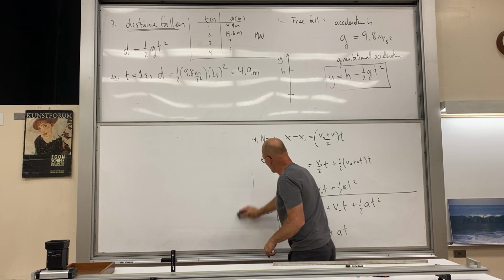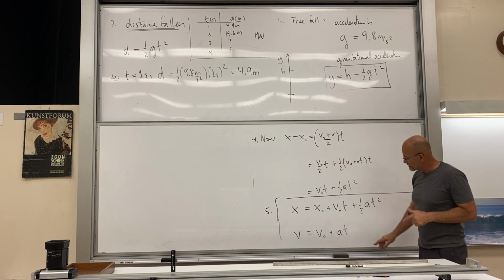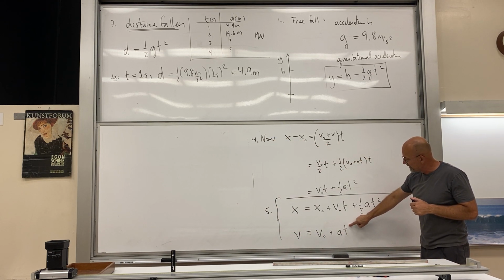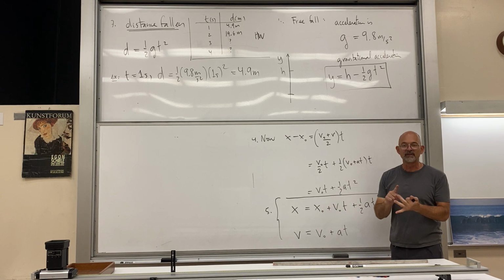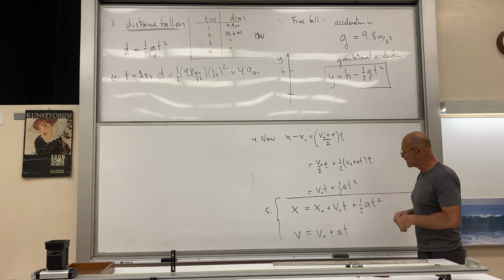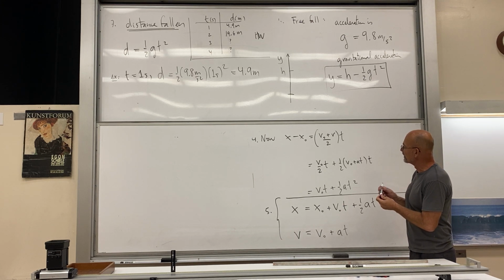So you'll notice we have velocities here, and it's possible to eliminate the time and have an expression that just talks about accelerations, distances, and speeds. So that's what I'm going to do. In fact, I'm going to do a simple version of this.